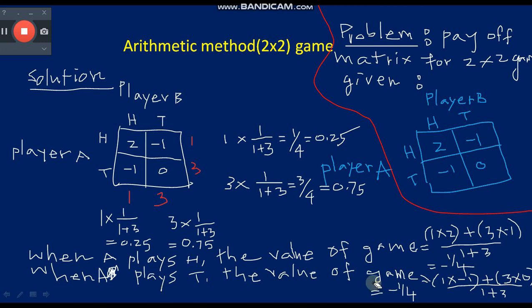Again we find the expectation: 1 into minus 1 plus 3 into 0, divided by 1 plus 3. You will get again minus 1 by 4. So the value of the game when A takes the second strategy is also equal to minus 1 by 4.